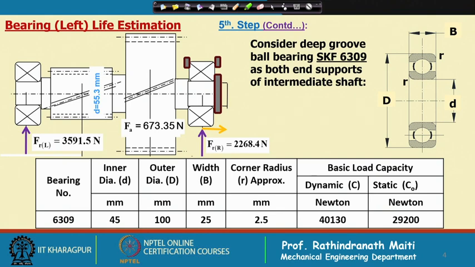First of all, we will find out the equivalent load acting on the bearing. For that, we need two factors, which is for this bearing. In fact, it is for almost all deep groove ball bearings. X is equal to 1 and Y is 1.6.